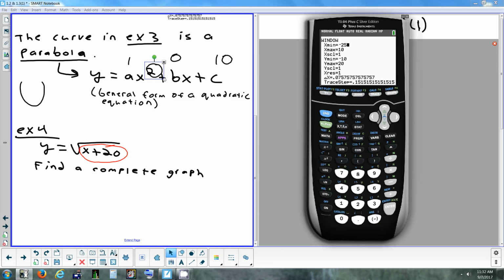X max. What's the highest number you can take the square root of? Yep, Andrew? 4. Can you take the square root of 5? Yeah, you can take the square root of 5. So 4 is not the highest. What's the highest number you can take the square root of?